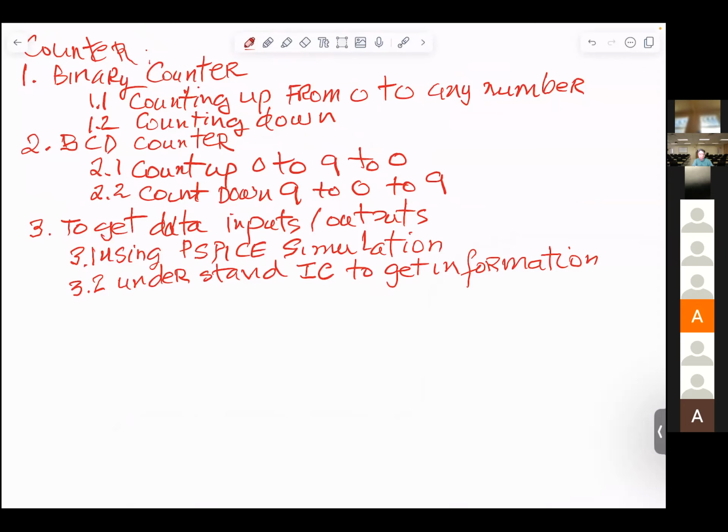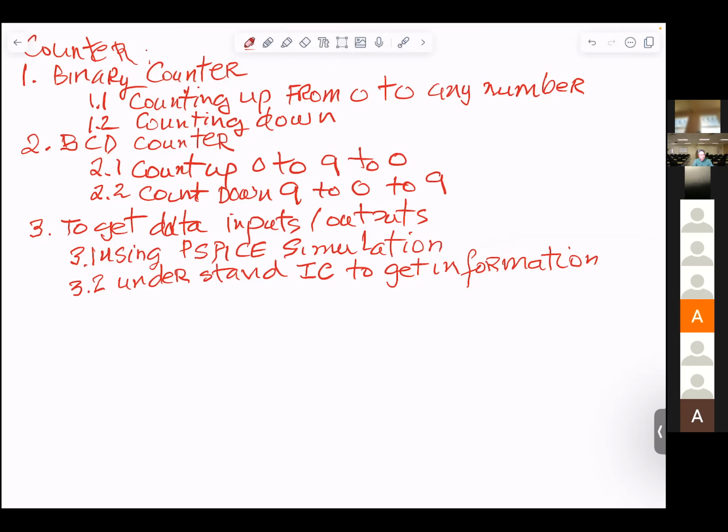I have a question. If you want to count from 0 to 1, how many flip-flops do we need to build? 0, 1, 0, 1, 0, 1. Yeah, only one. Perfect. One flip-flop has only one Q. So Q equals 0 or Q equals 1.